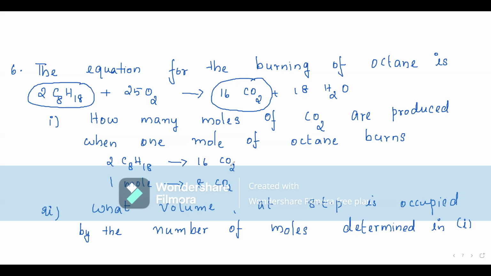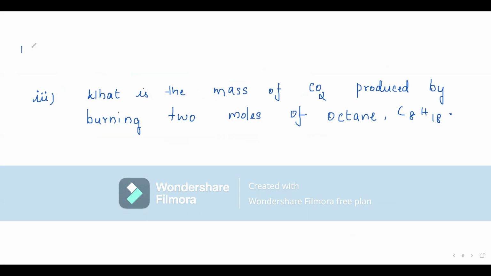Okay, so 8 moles are calculated, correct? We read the question again. Calculate the volume at STP by 8 moles of carbon dioxide. Now, 1 mole of carbon dioxide will require 22.4 liters.